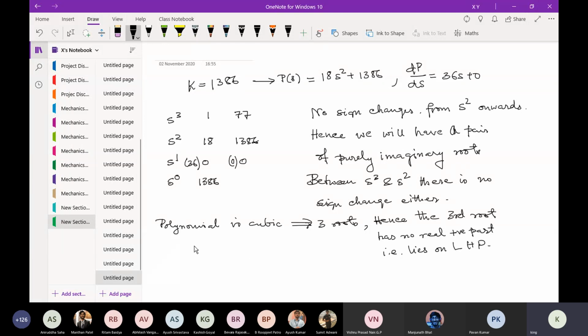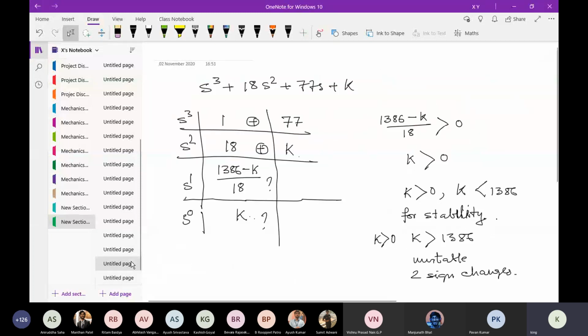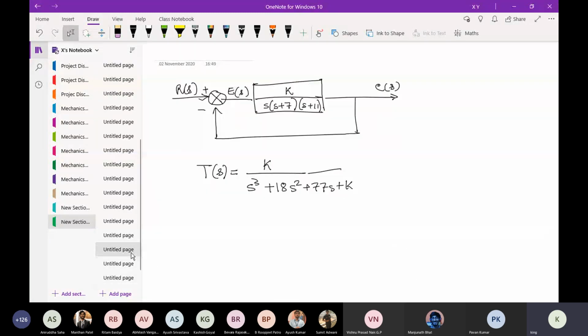So what we have, when you are presented with this kind of a problem, you will normally be asked, this K will come because you are maybe putting in a gain here.